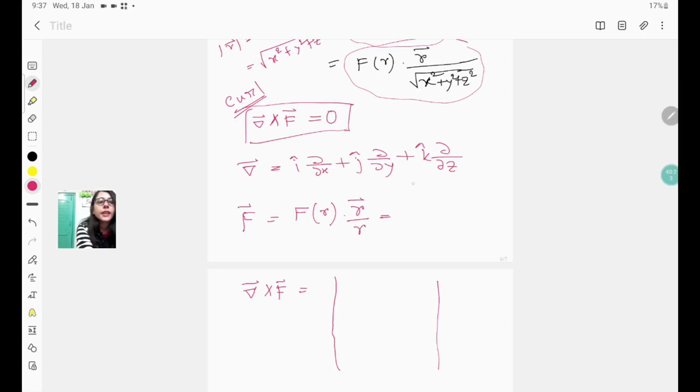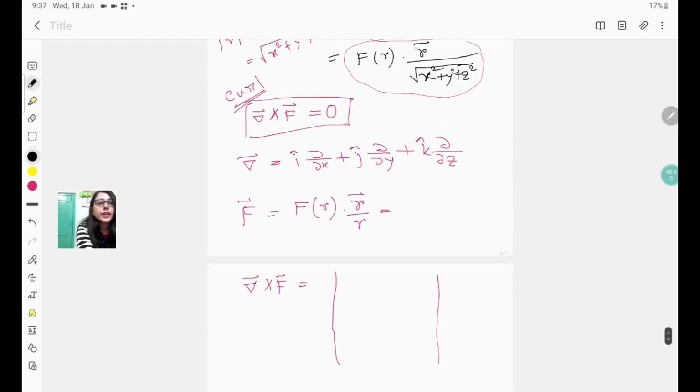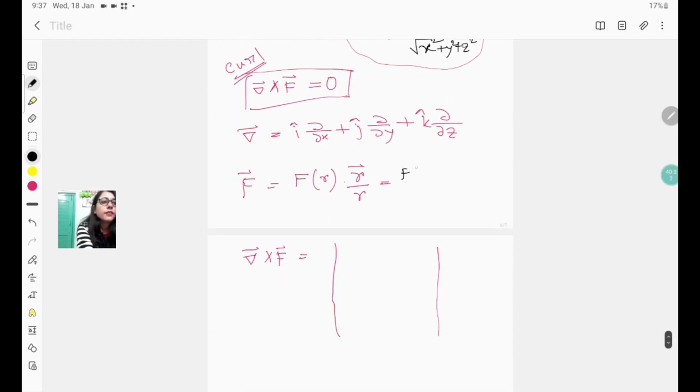Now, r vector can be written as i cap x plus j cap y plus k cap z. So, F of r by r into, in place of r vector, we can write i cap x plus j cap y plus k cap z, right?